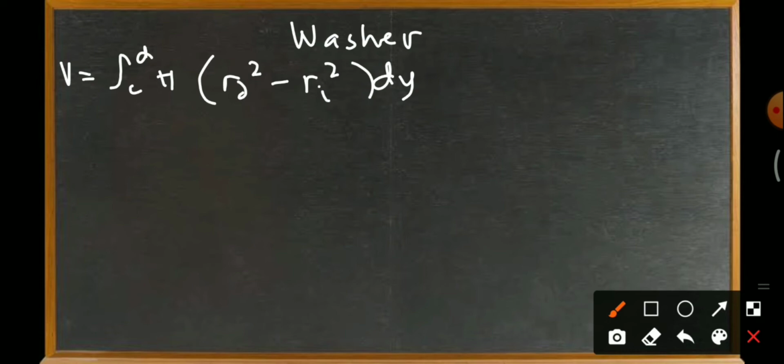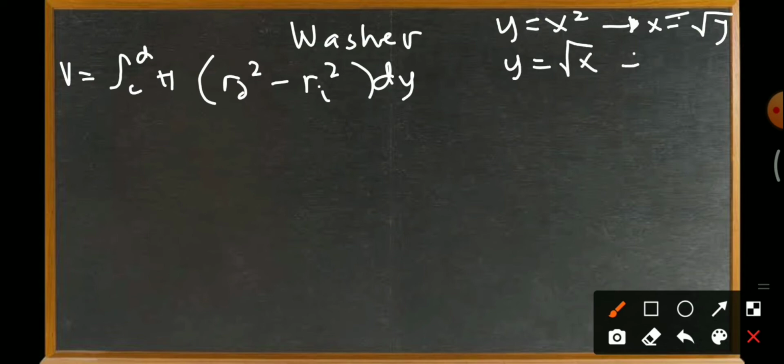So we need to relabel y is equal to x squared into x is equal to the square root of y. And y is equal to the square root of x into x is equal to y squared.